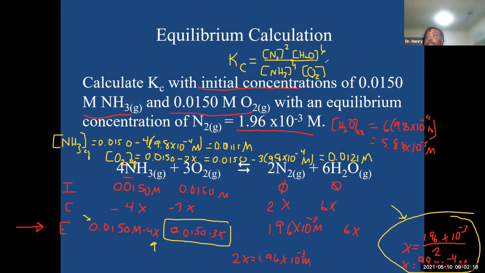And so do we have the concentrations at equilibrium now? Yes. Okay, so then we can just plug and chug. So what was the concentration for N2? 1.96 times 10 to the negative third.